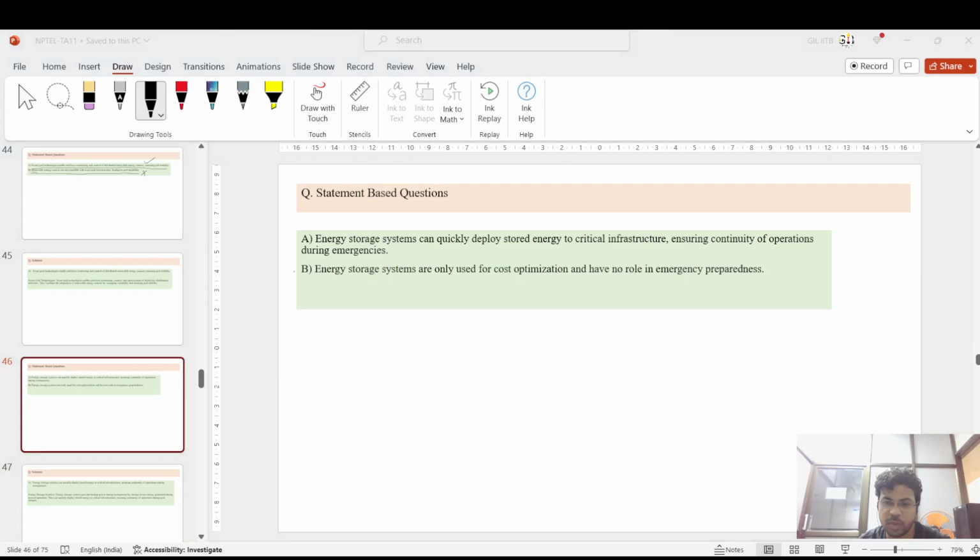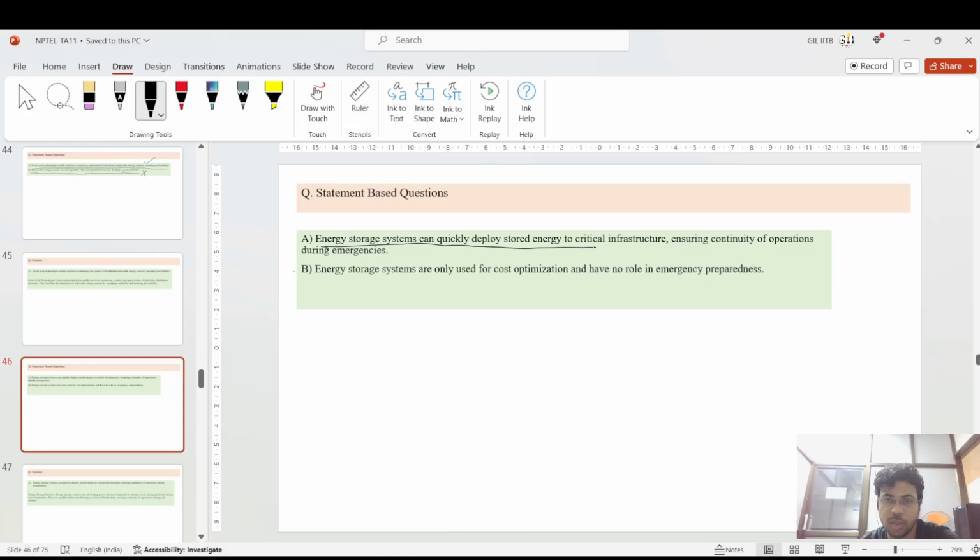Coming to the next question, related to energy storage systems, you have to tell me which statements are true and which are false. Okay, A is true, I got one answer.